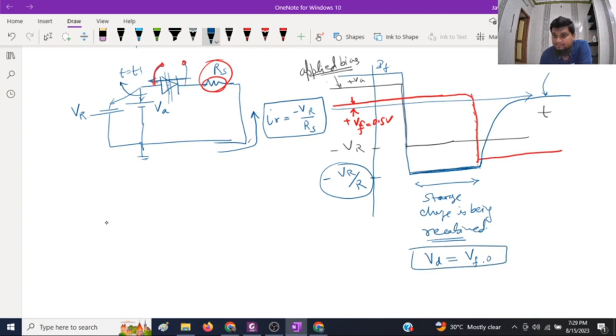And during this time, that is called the regain or gaining or attaining the reverse bias.